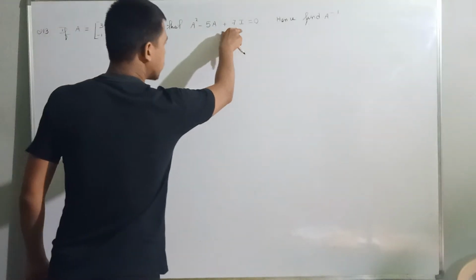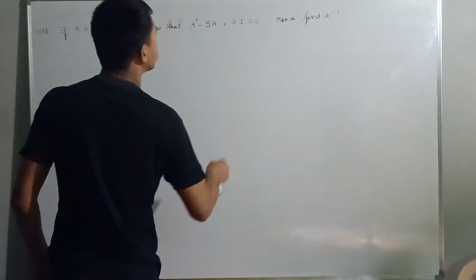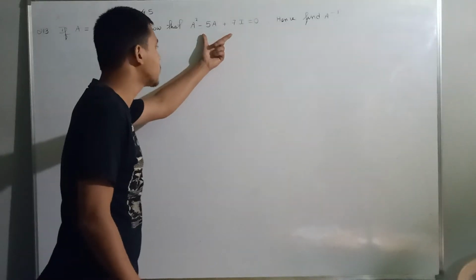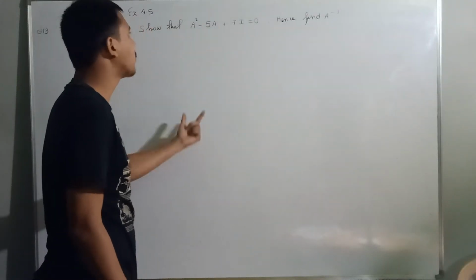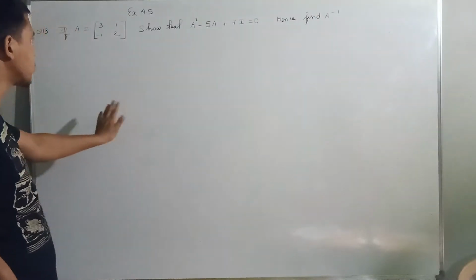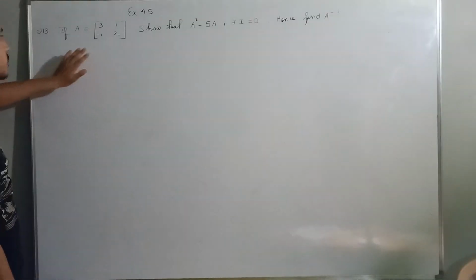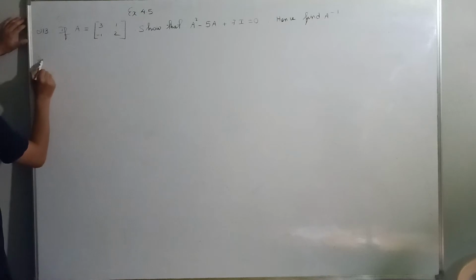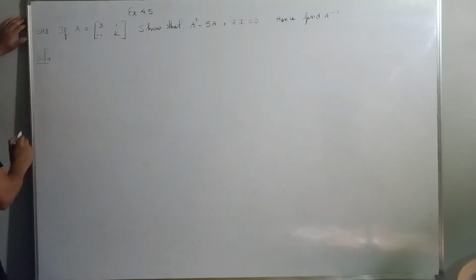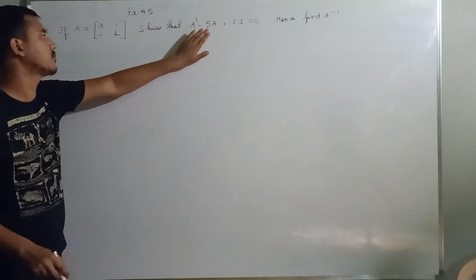After showing this condition, you use it to find A inverse. It's very simple, especially for 2 cross 2 matrix. The same procedure is for 3 cross 3 also. Okay, same procedure, there is no much difference. So we have to show this first.